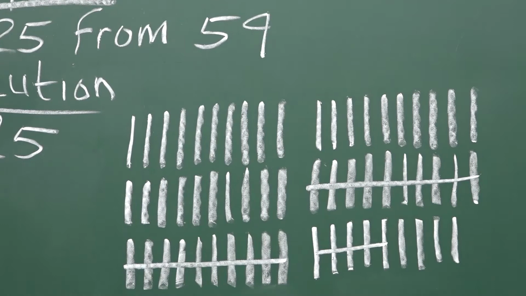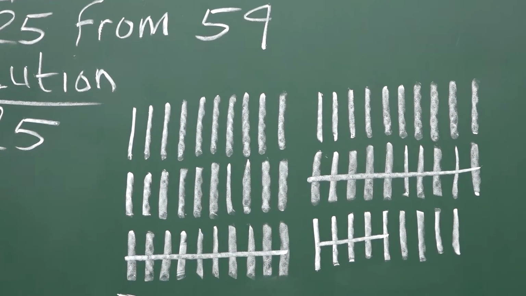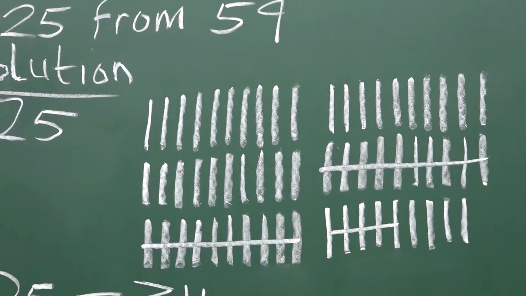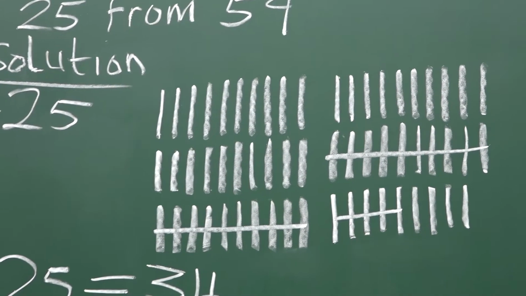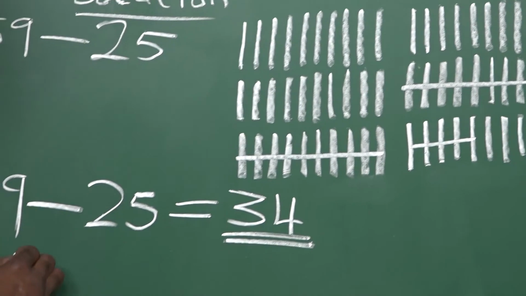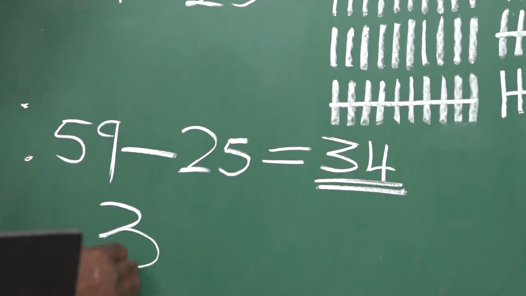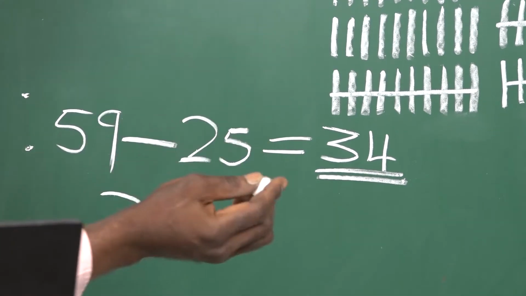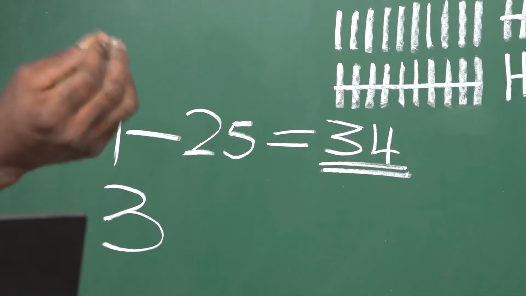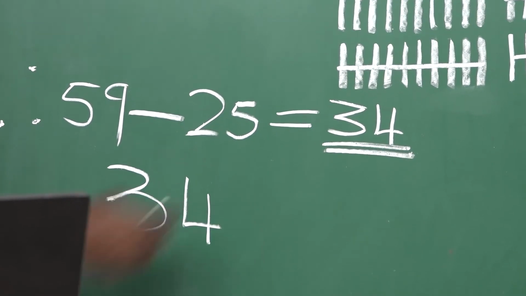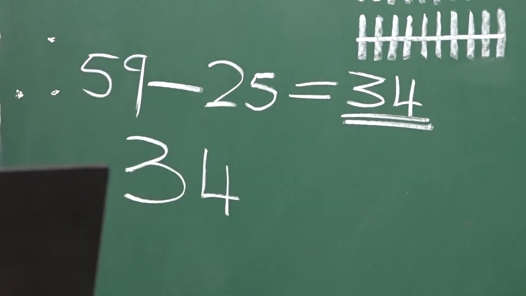When you take away 2 tens from the 5 tens, what you have left, you put it down. Then what will you be having left? You have 3. Then from the 9, when you remove 5, you have 4, which will give us our answer, which is 34.